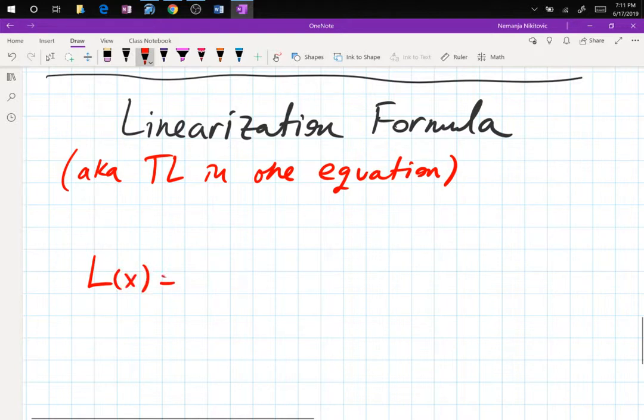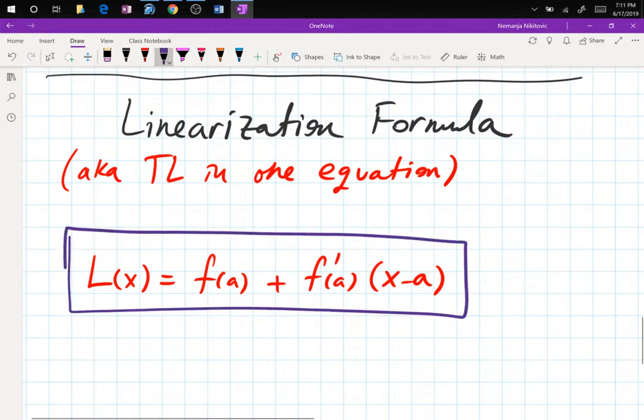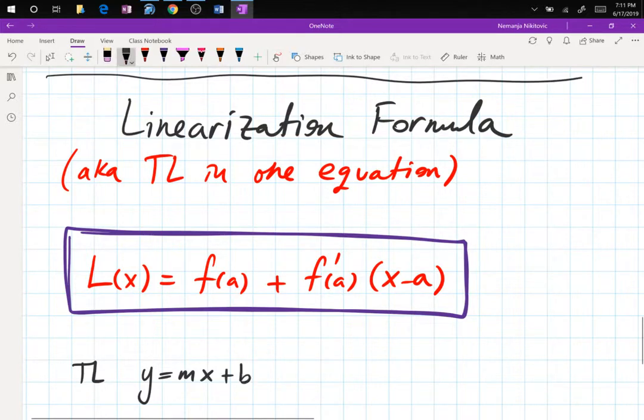L of x is equal to f of a plus f prime of a times x minus a. So you know that your tangent line is y equals mx plus b, right? So this y is the L of x actually, and your m is this.